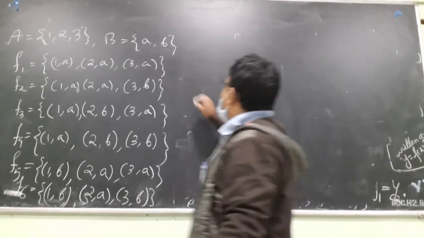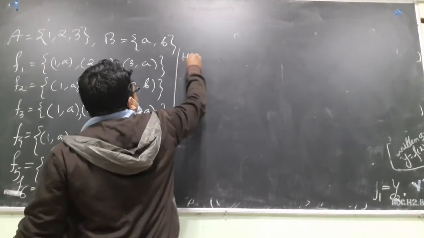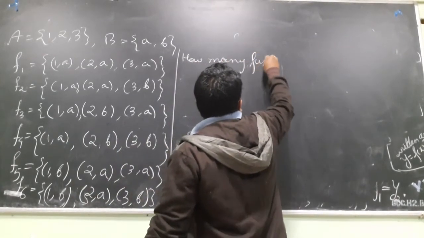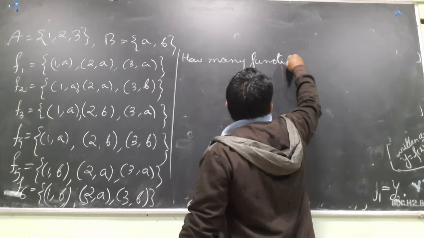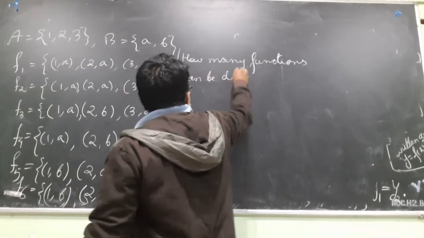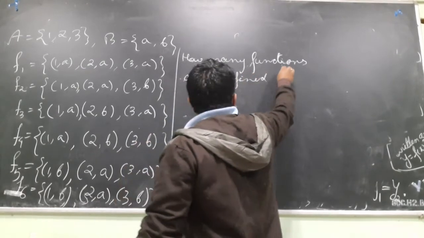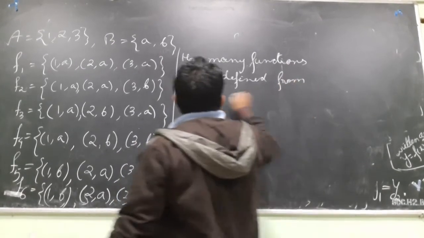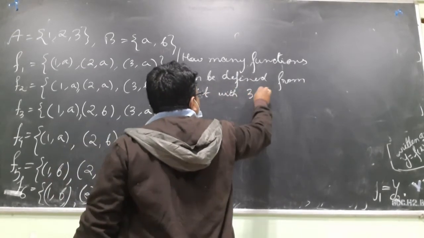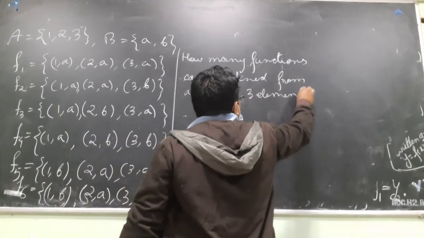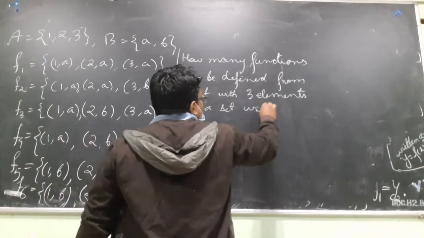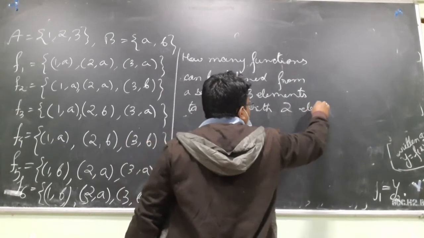Our question is how many functions can be defined from a set with three elements to a set with two elements.